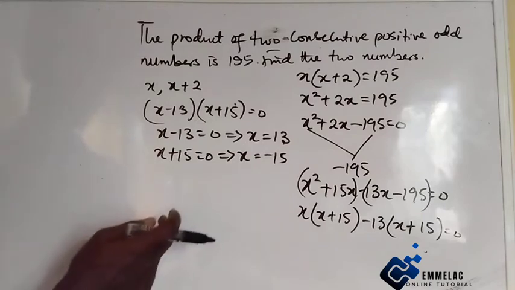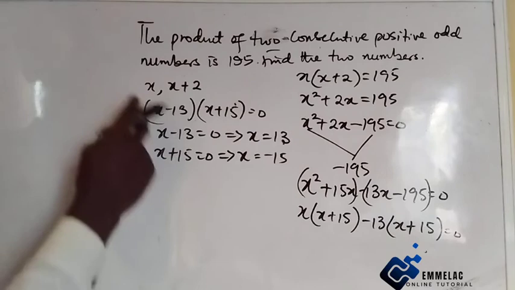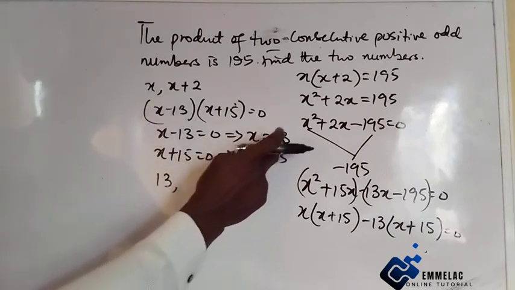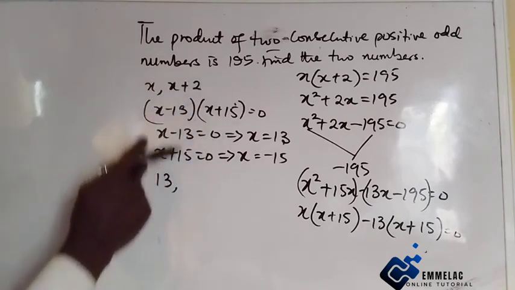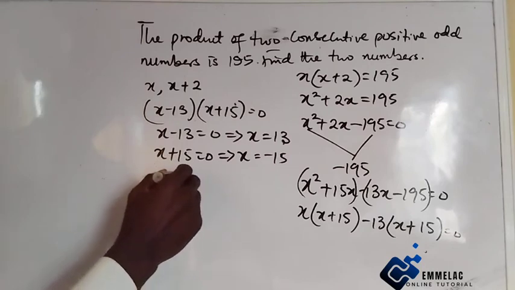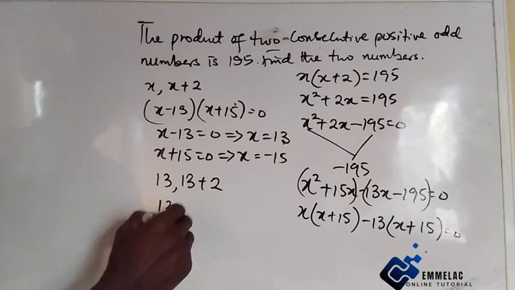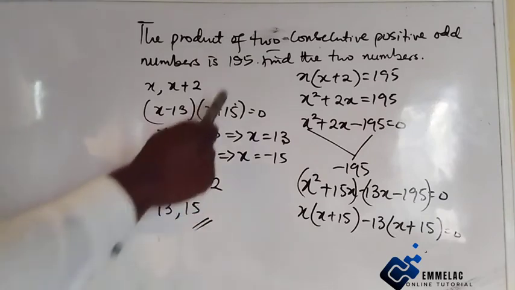So it implies that our x here is 13, and the second consecutive positive number will be 13 plus 2, which is 15. So 13 and 15 are the two consecutive positive odd numbers that give us 195 when we multiply.